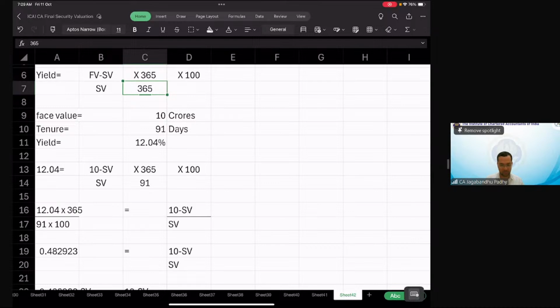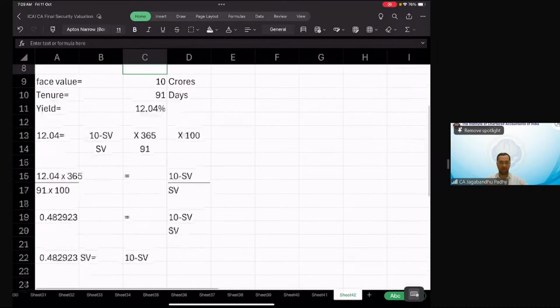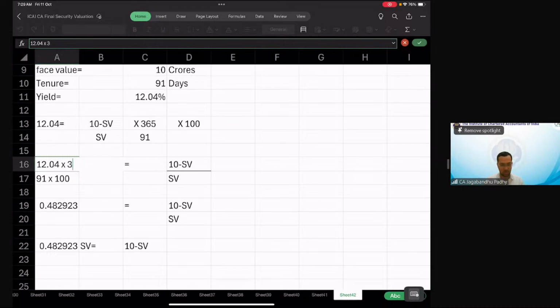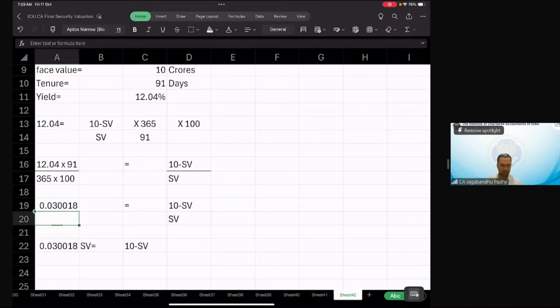So this calculation will be into 91 by 365, this entire thing divided by 365.